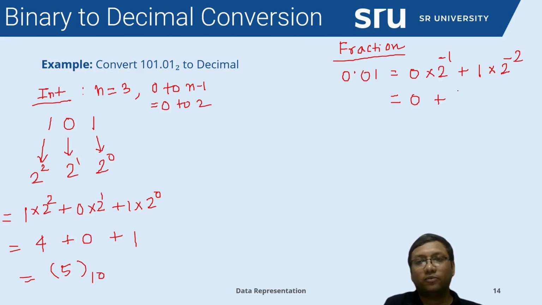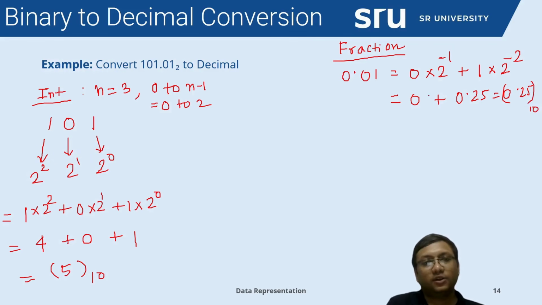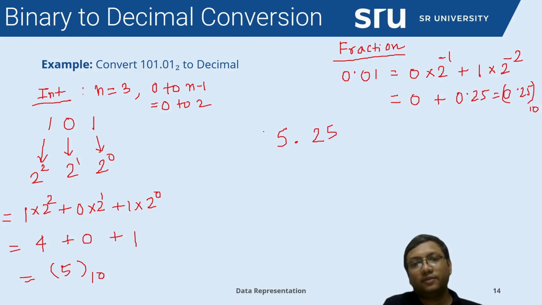It means 1 by 4, so 1 into 2 to the power minus 2 means 0.25. So 0.25 is my decimal fraction. If I combine these two results, the final answer will be 5.25.